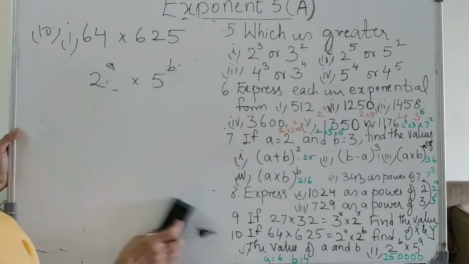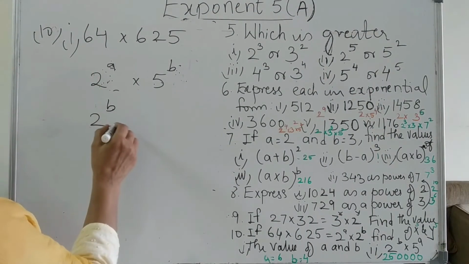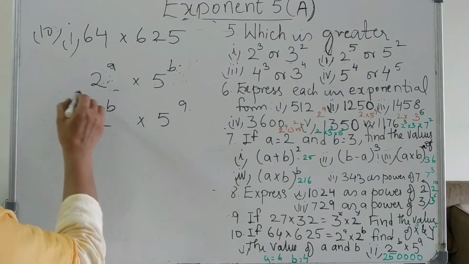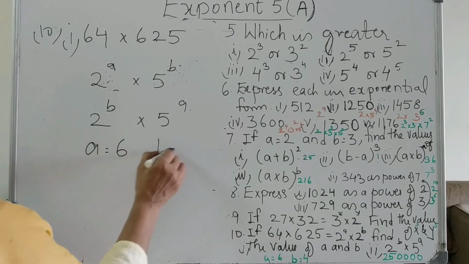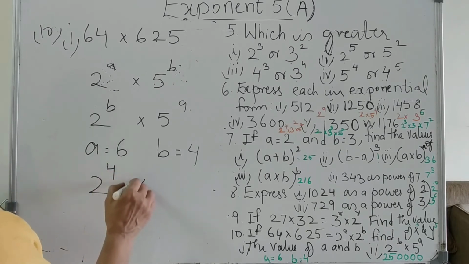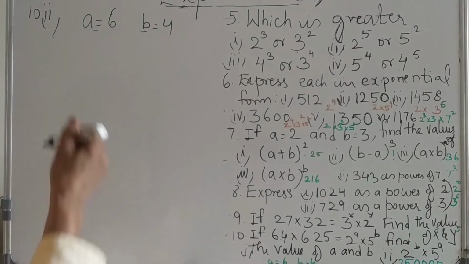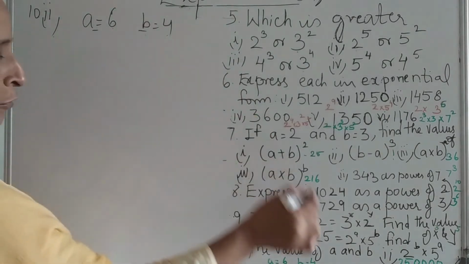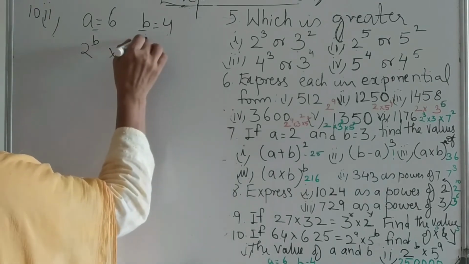So the second sum is 2 raised to B into 5 raised to A. A is equal to 6 and B is equal to 4. From the previous sum you have already got A is equal to 6, B is equal to 4. So let us solve the next sum, that is 2 raised to B into 5 raised to A.